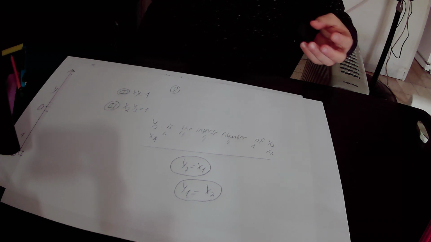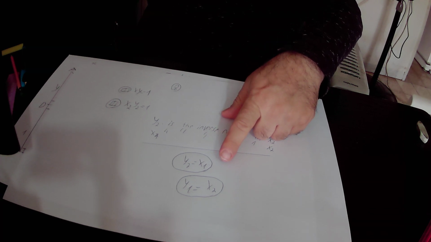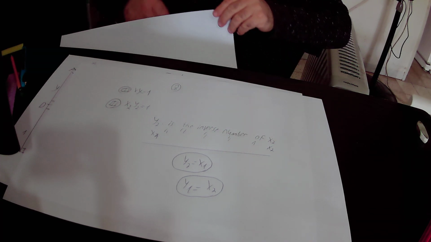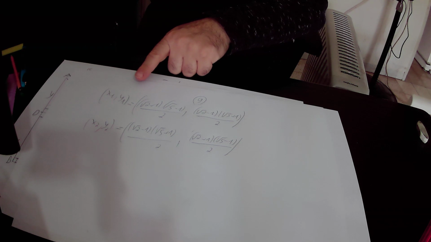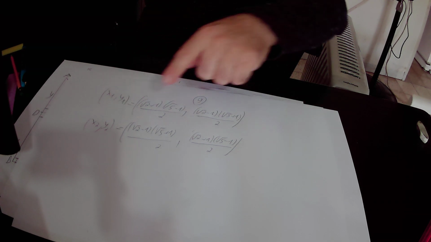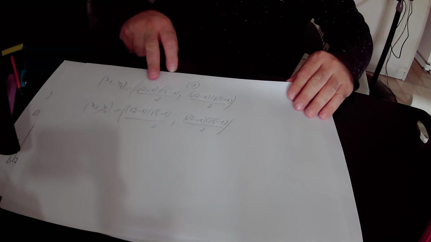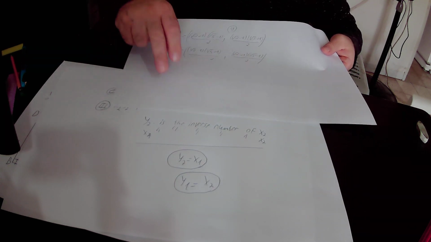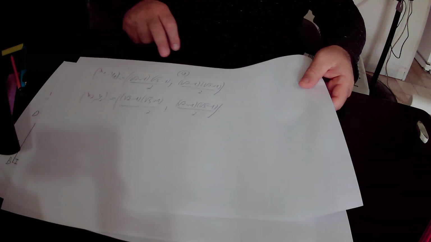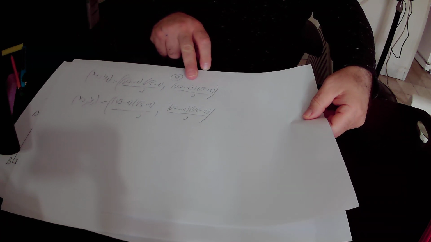So in conclusion, we found out that y2 equals x1 and y1 equals x2. Therefore, we have two solutions: the first solution is x1 and y1, and the second solution is x2 and y2. We have already found out that x1 equals square root of 2 plus 1 times square root of 5 minus 1 over 2, and y1 equals x2, so this expression is x2.